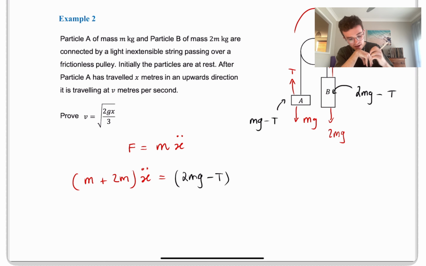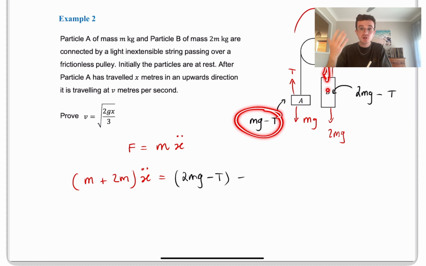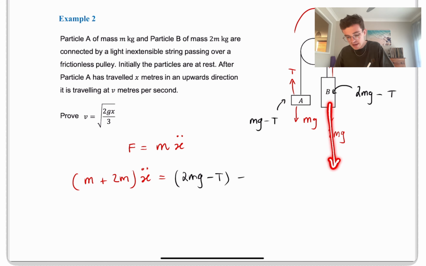So the downwards force, we need to subtract this force here, which is pulling B upwards. And it's not literally pulling it upwards, but it's stopping it from falling down as fast as it normally would. If there was no mass here, then this would fall a lot faster. So the force going down is being subtracted from this force, which is pulling it up.